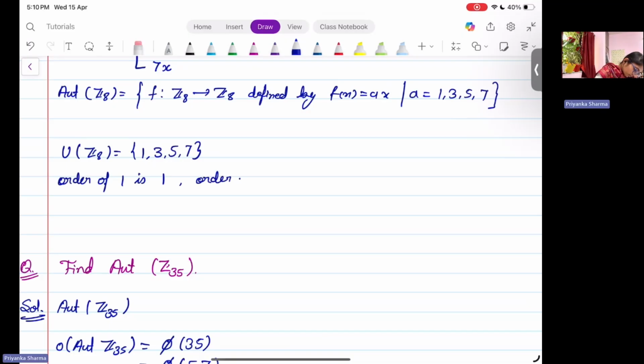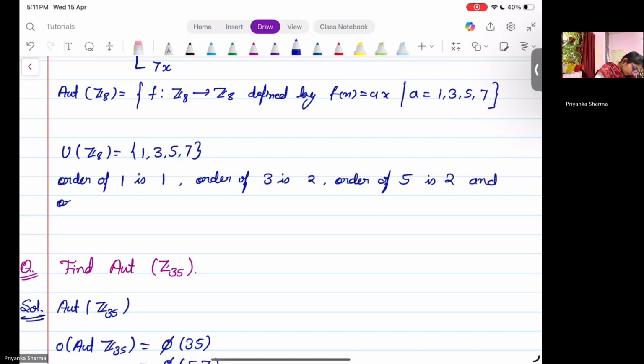The order of 3 is 2, because 3 into 3, that is 9, which is congruent to 1 modulo 8. The order of 5: 5 into 5, that is 25, which is congruent to 1 modulo 8. So this is 2.